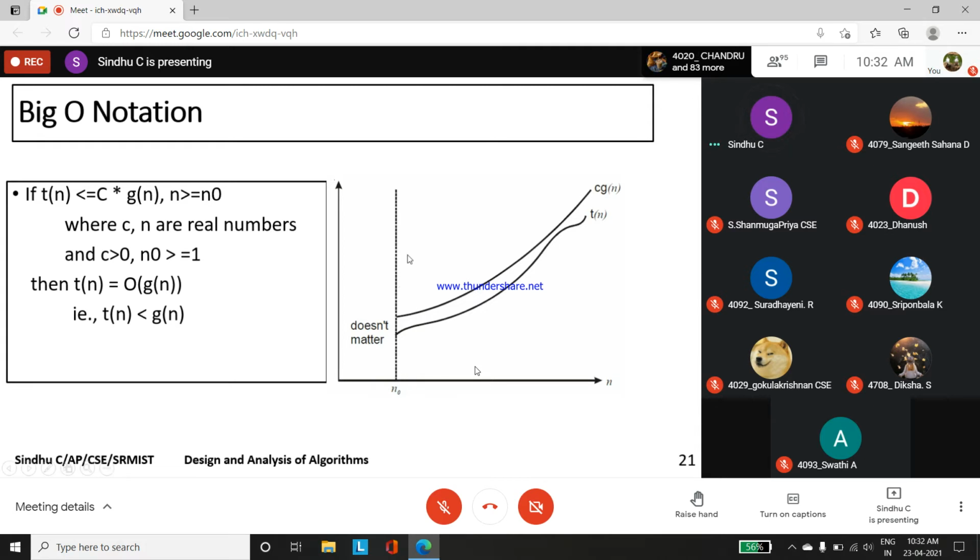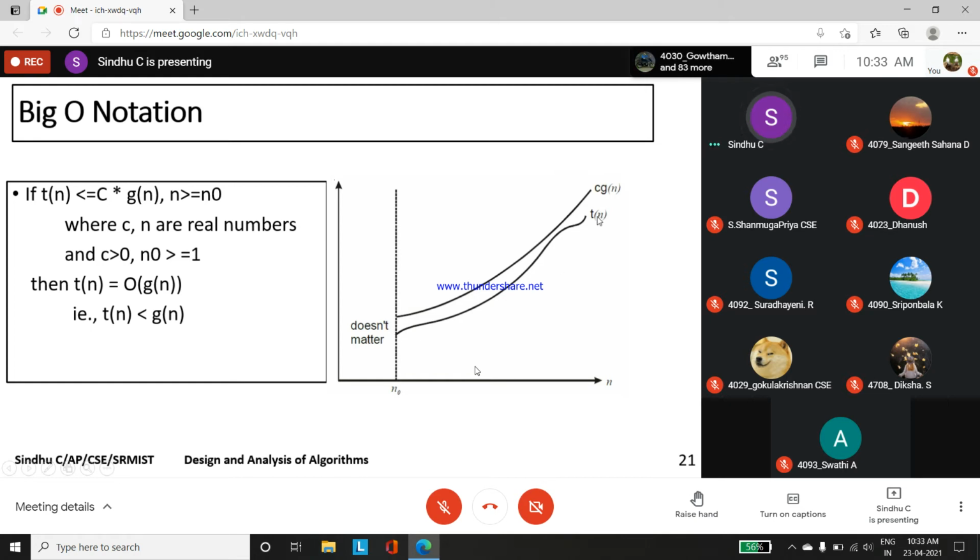Now, this function is drawn with n as the size of the input, okay? You can consider the case of your institution where you have thousands of students. When I feed every individual input into my algorithm, as the input increases, the time also increases. So this is called the rate of growth.